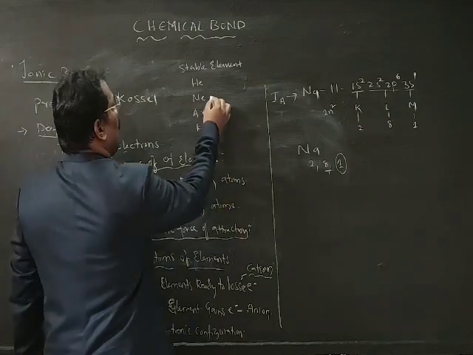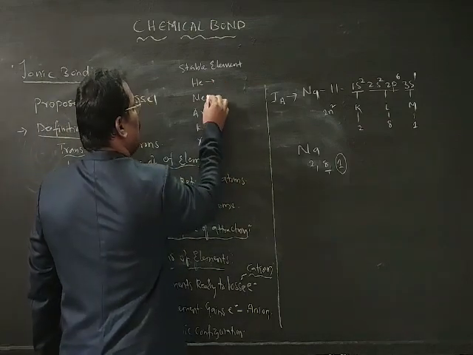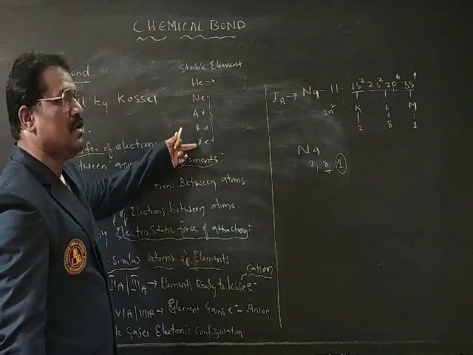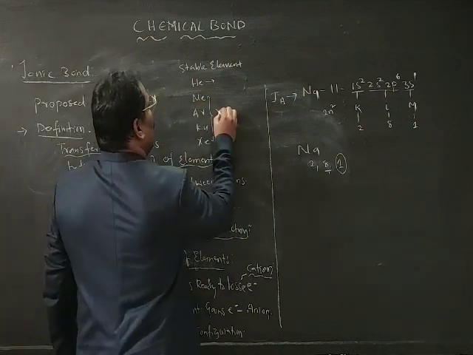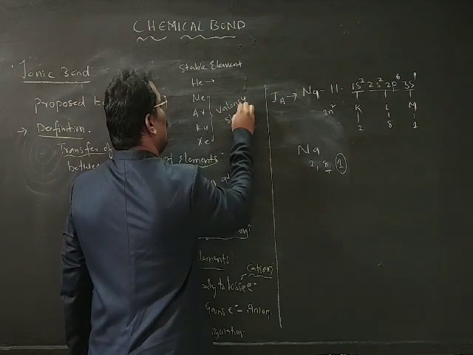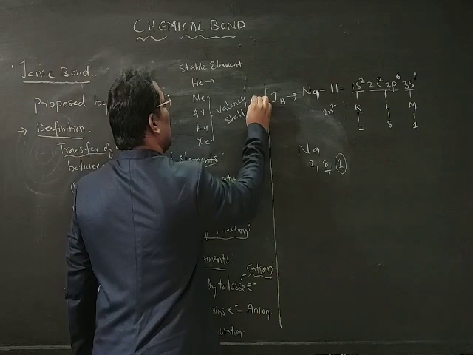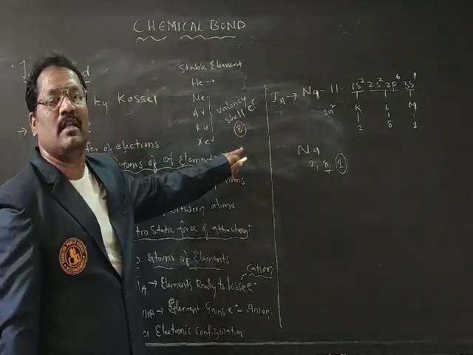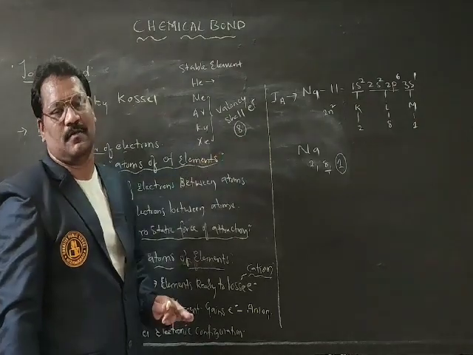Except helium, the remaining elements, neon, argon, krypton, xenon, have 8 valency shell electrons, meaning the outermost orbit has 8 electrons.